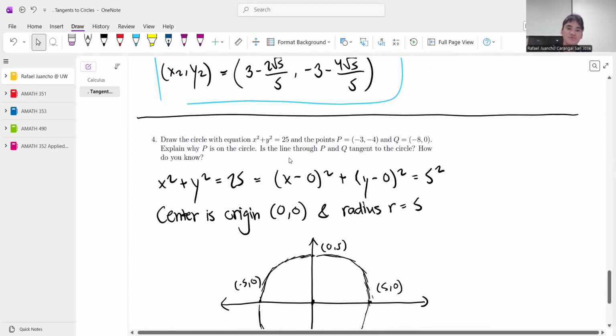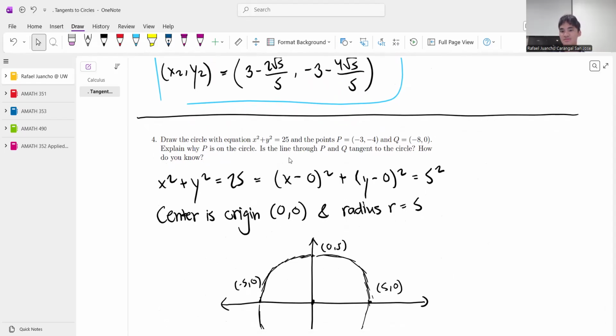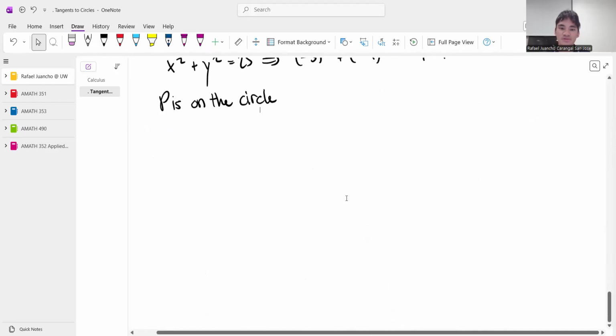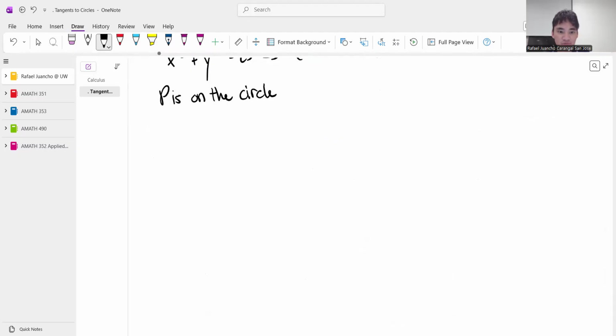Okay, now that's the first question. The second question is: is the line through P and Q tangent to the circle? How do you know? We need to find the line through P and Q. What's the equation of that line? So we need the line of P and Q. How do we find that?